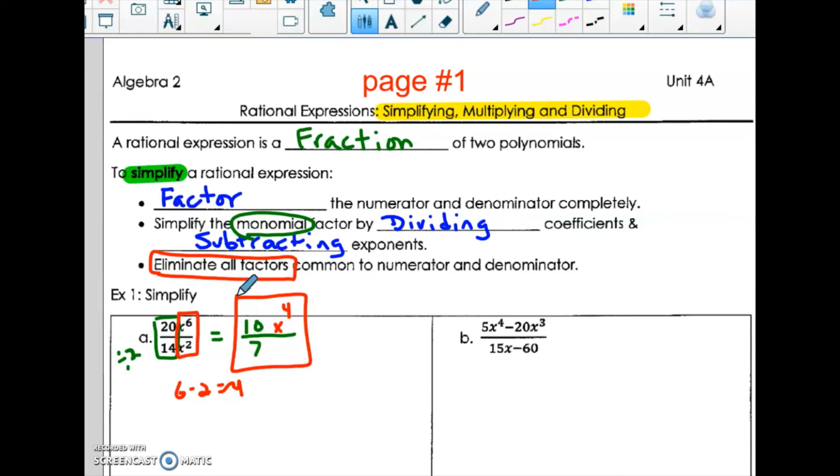On the right-hand side, on problem B, we've got some factoring we need to do because we don't have monomials. So with problem B, we're going to factor out a GCF on the top and the bottom. On the top it's 5x to the 3rd, parentheses, x minus 4.